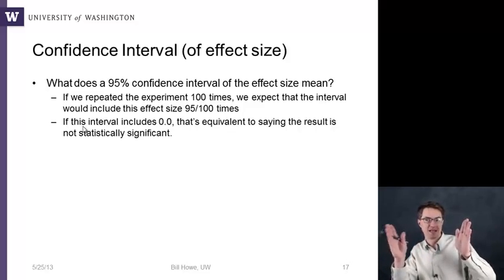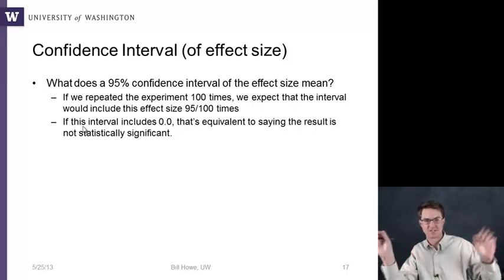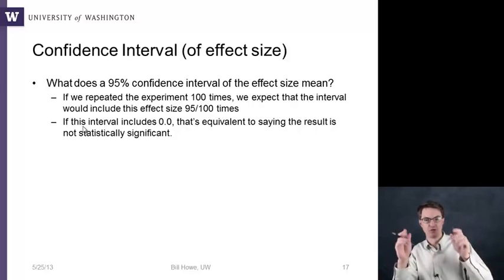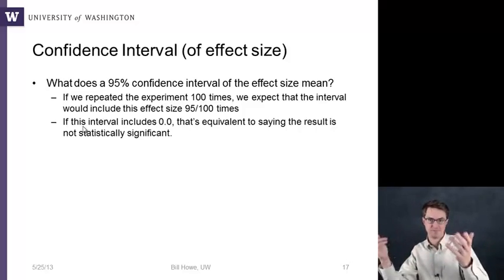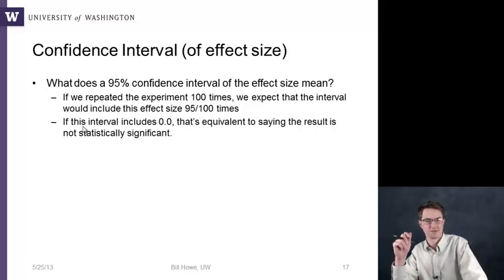A corollary is that if the 95% confidence interval includes 0.0, that's equivalent to saying the result is not statistically significant, meaning the interval includes no effect whatsoever. Equivalently, if that interval does not include 0.0, then it is statistically significant.